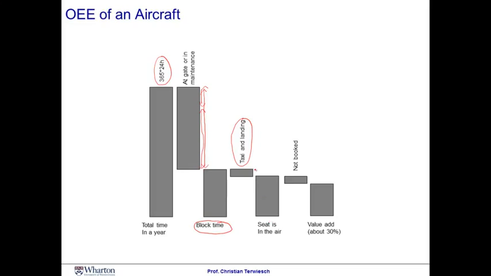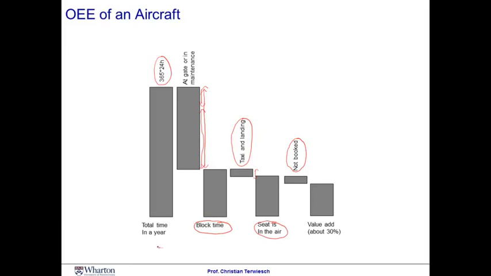After subtracting this other 10% of the time typically that an aircraft is in taxi and landing, we get the time that the seat is in the air. But not every minute that the seat is in the air is adding value because seats often fly empty. Typical aircraft utilizations are in the low 80%, and so we have to subtract another 10 to 20% to adjust for the fact that we're flying empty seats.